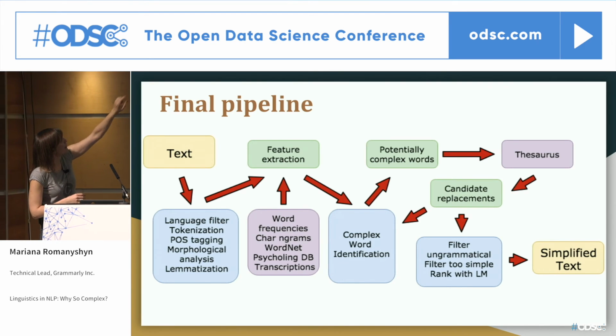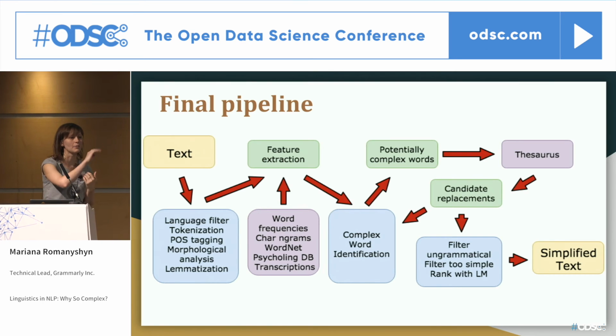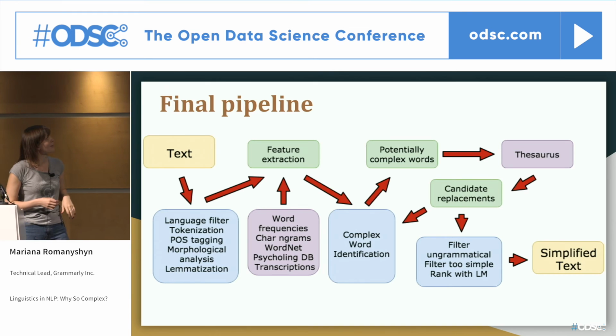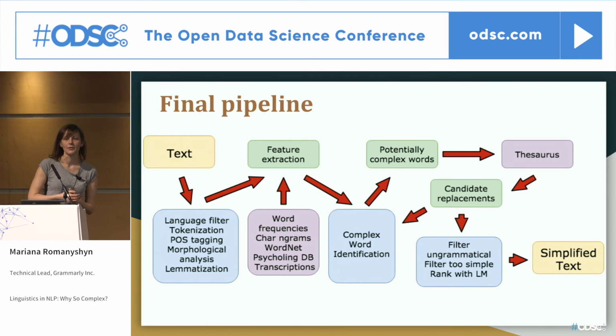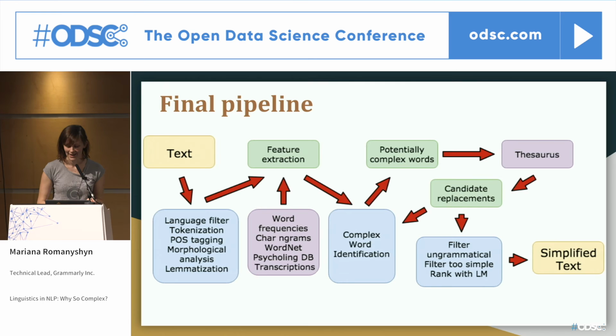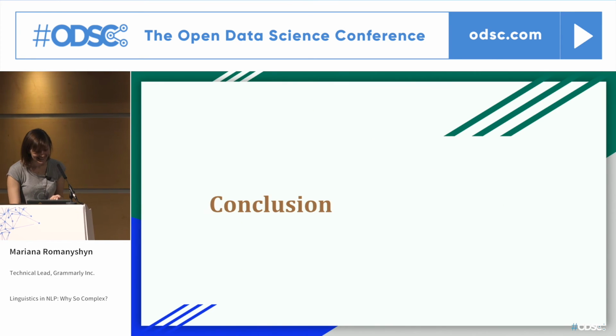Then you would run these candidate replacements through your complex word identification model to filter out the ones that are too complex, then filter for simple ones, for grammatical ones, and rank the remaining ones with a language model. And voila, pick the first one or the first n ones, depending on what you want, and you have the simplified text.